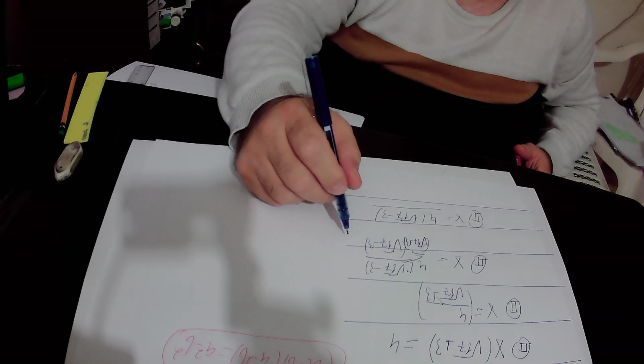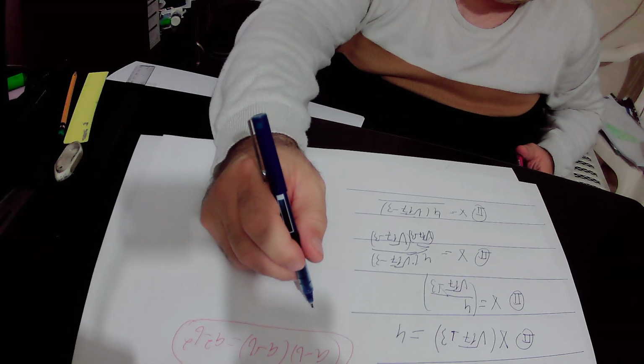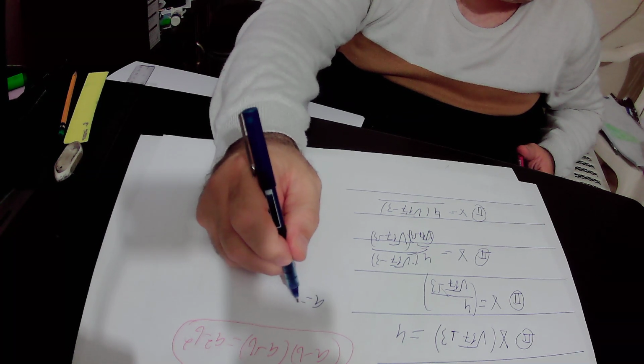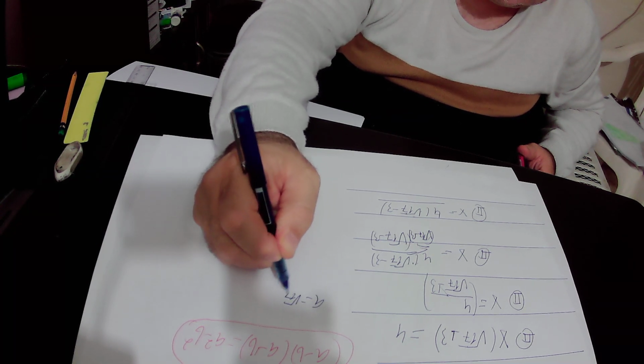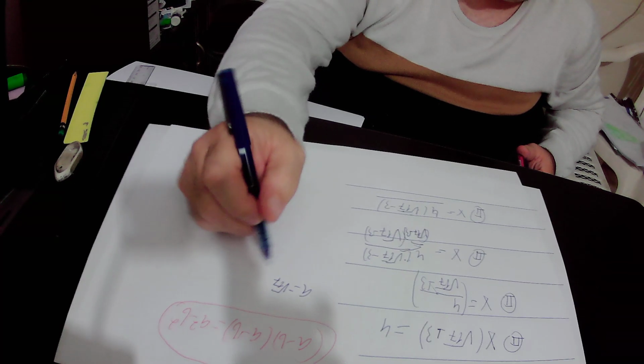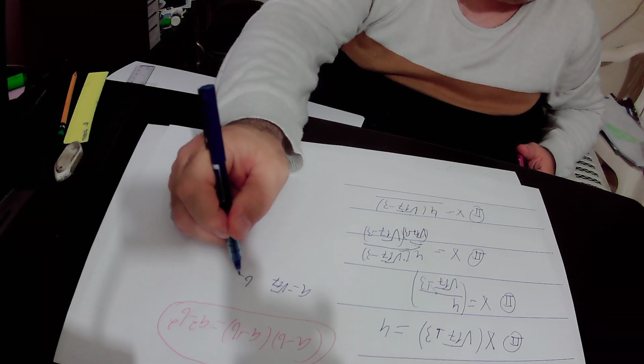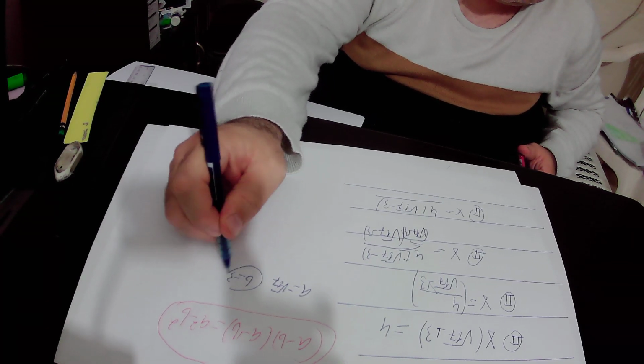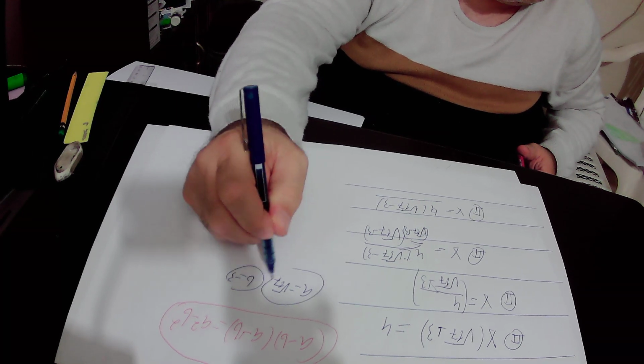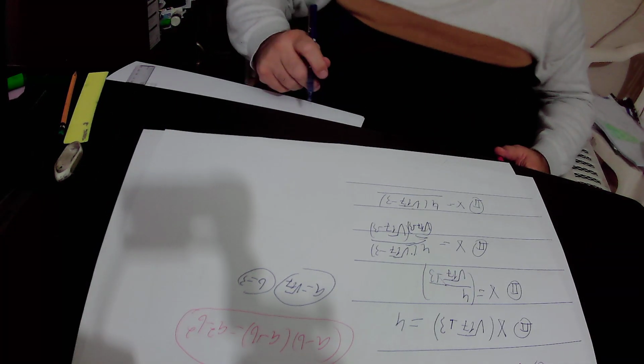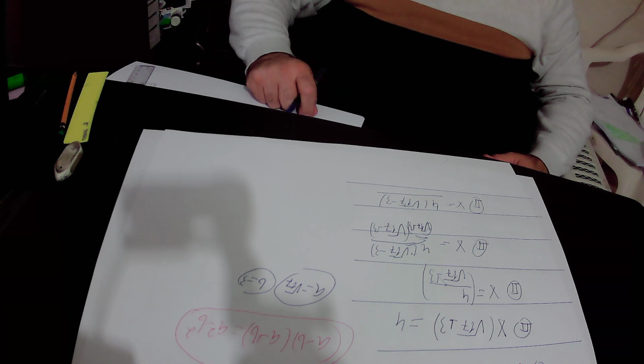here a equals to square root of 17 and b equals to 3. And (a plus b)(a minus b) equals to a square minus b square.